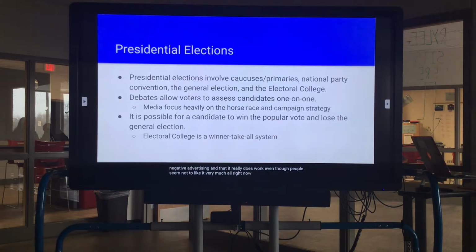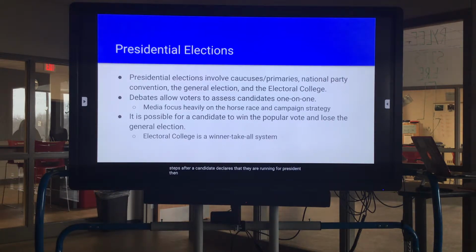All right, now, as we look at elections, the way that presidential elections are run and conducted are slightly different than elections for other offices. Just like other offices, getting the nomination of your party through caucuses and primaries is one of the early steps after a candidate declares that they are running for president.